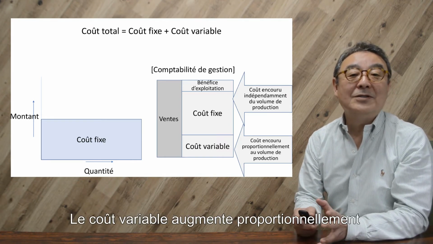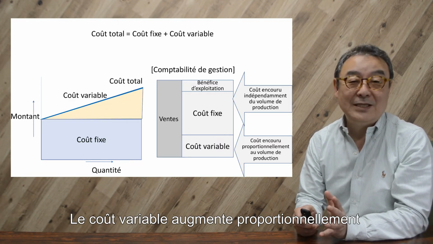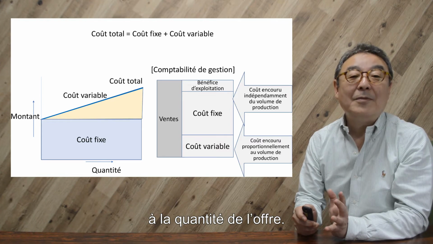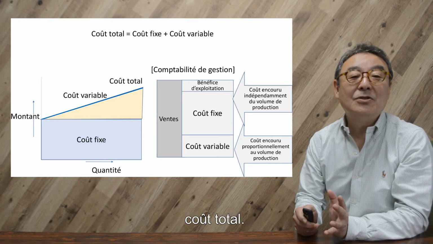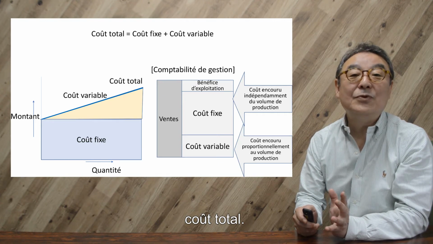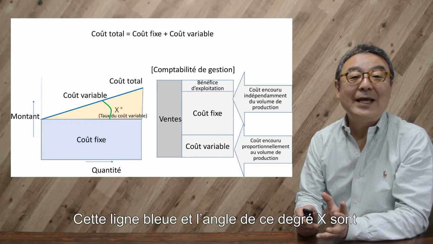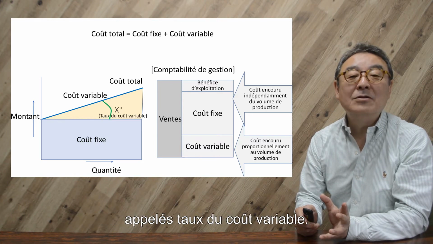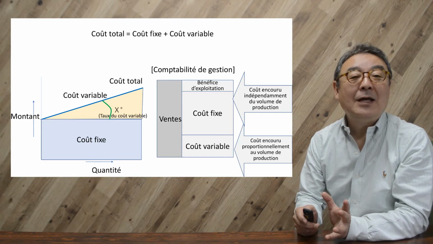And the variable cost is increasing as quantity increases. And variable cost plus fixed cost is called total cost, this blue line. And the angle of this, x degree, is called variable cost ratio.